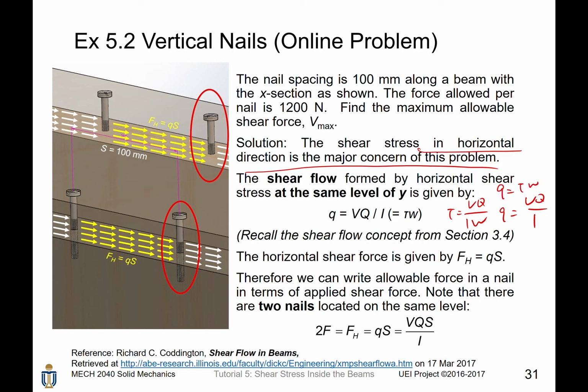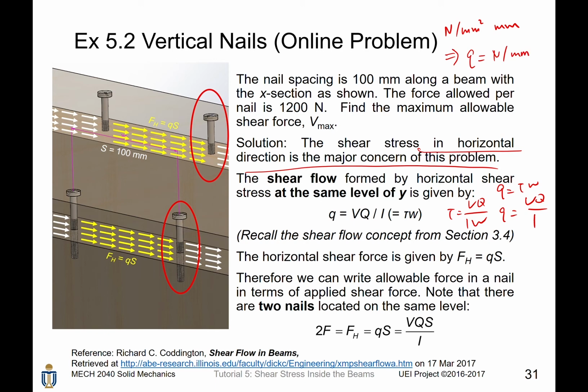And if we further our dimensional analysis, tau is in the unit of Newton per millimeter squared, okay, and the width has a unit of millimeter, which means the unit of q will become Newton per millimeter.